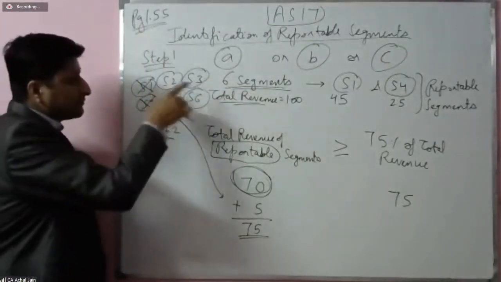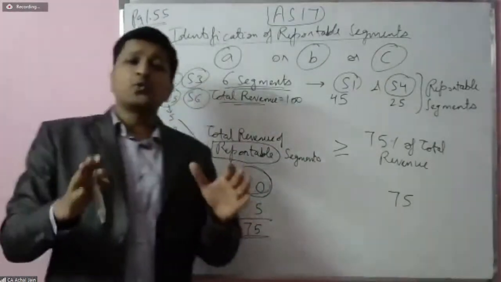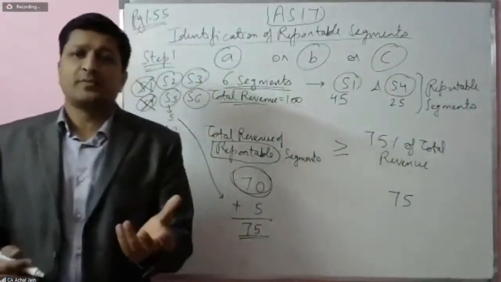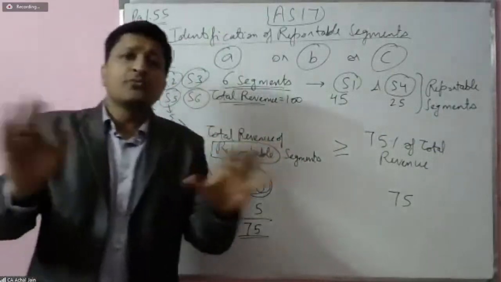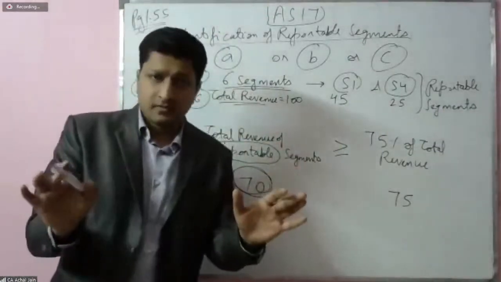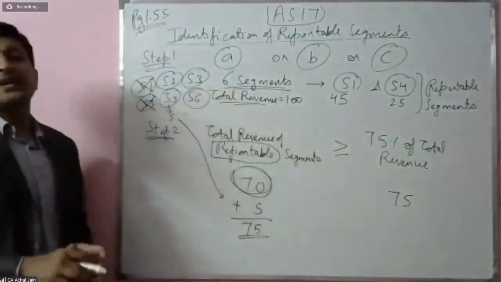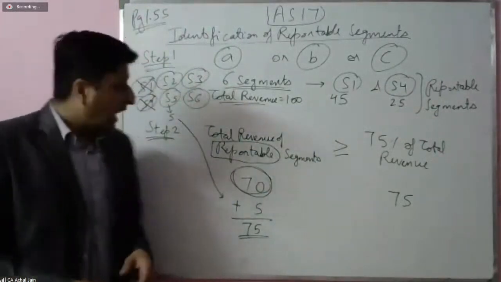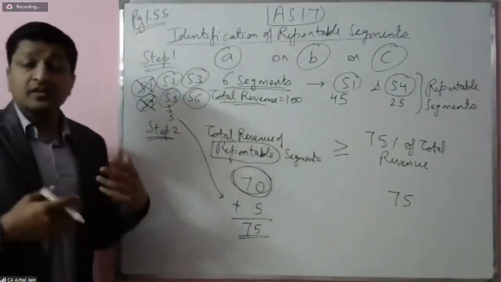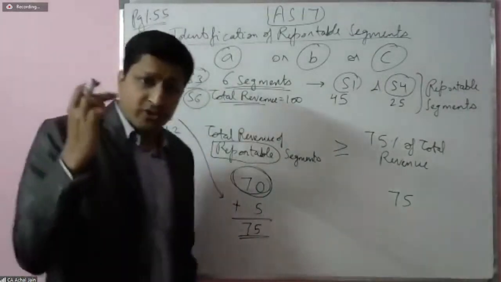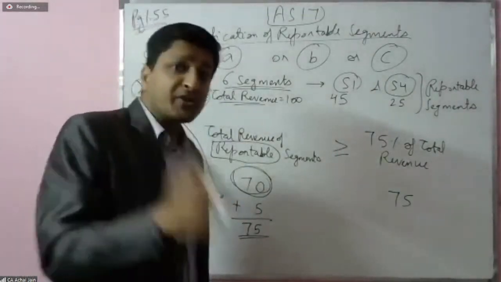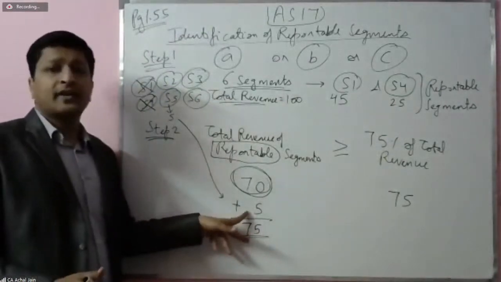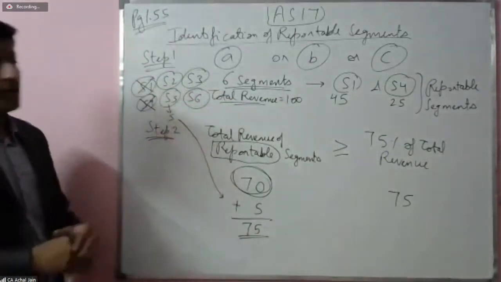This is up to the discretion of the management. They need to apply the judgment. There's no fixed criteria, no quantitative criteria over here. Management will have to decide out of the remaining segments which one they find as the most appropriate one, which should become reported. Because the moment you include it over here, that will also become reported.